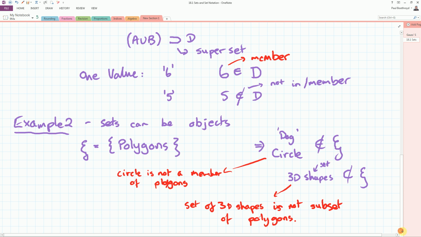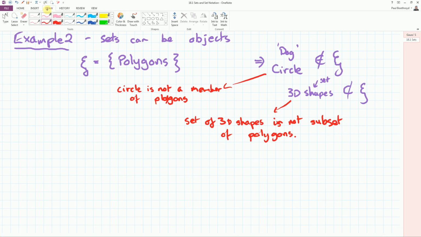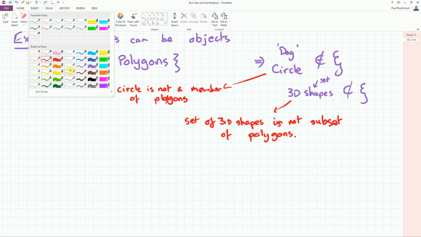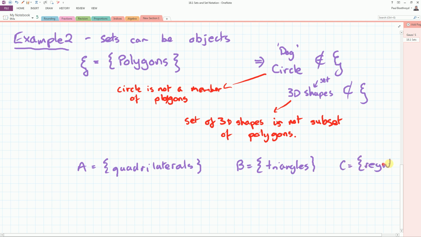So I've got a set A, which is quadrilaterals. There's the set of quadrilaterals. B is the set of triangles. And C is a set of regular shapes.